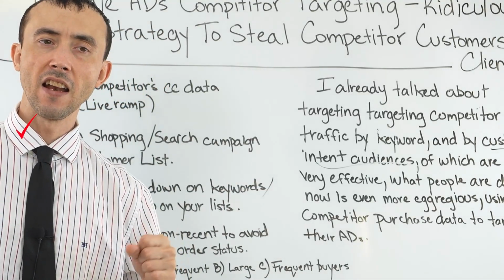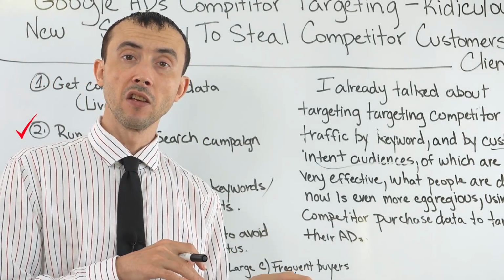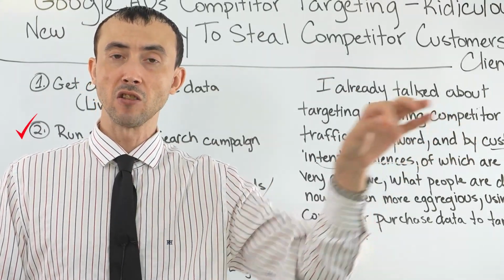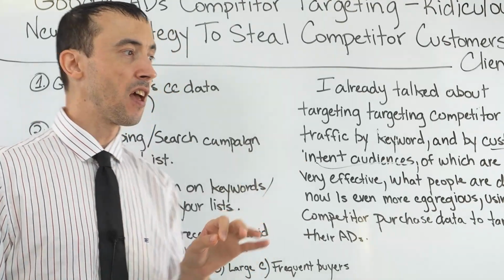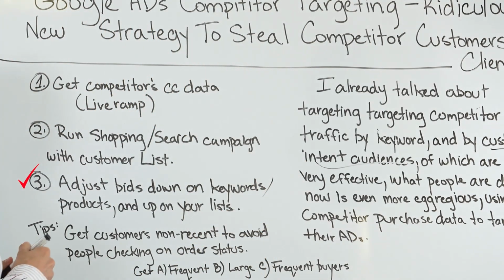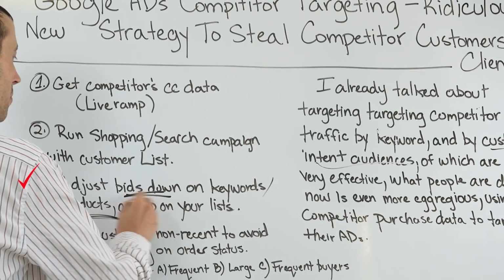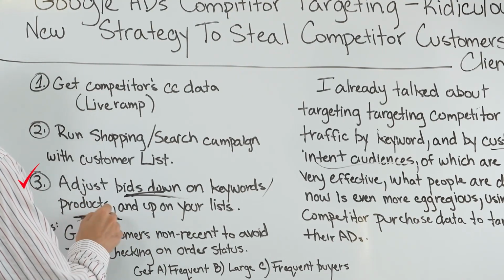But with that said, to make sure that when they search for pottery supplies, you only show up if a person on your competitor's customer list has searched for that exact term or a term like it in your niche, then going into the third step of the plan, you've got to adjust your keyword bids down, and then product bids down.